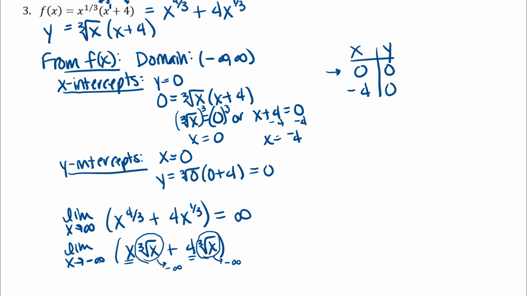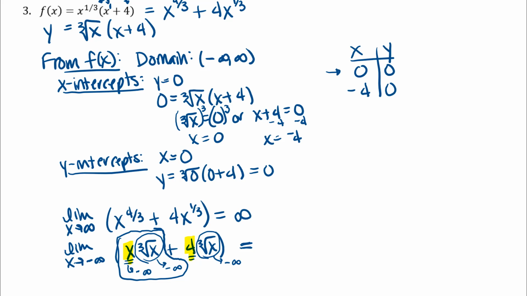But this x that's here is also going to approach negative infinity. So this first term is going to approach positive infinity, and the second term is going to approach negative infinity. Technically, that's an indeterminate form, and you have to think a little bit harder about what's going to happen with that limit. But you should be able to see here that this first term is going to get so much bigger in size because this x that's out front gets so much bigger than the 4.